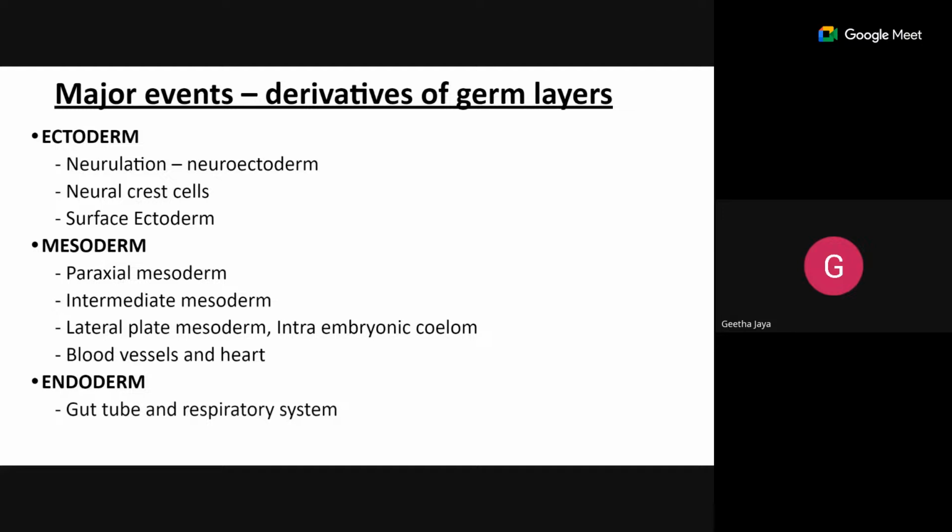So along with the gut tube, endoderm also forms the lining of the respiratory system. And so only the endoderm forms the lining. The other structures are formed from the lateral plate mesoderm, that is the splanchnopleuric mesoderm.